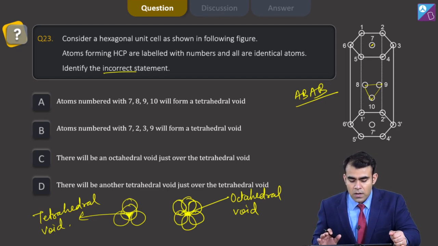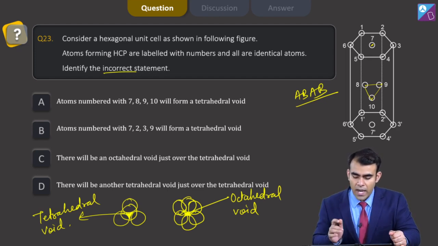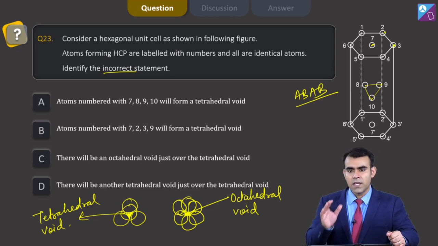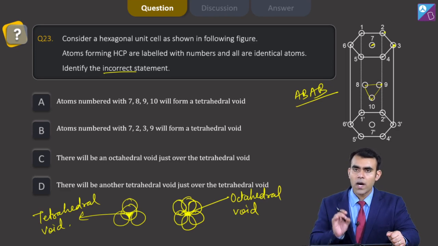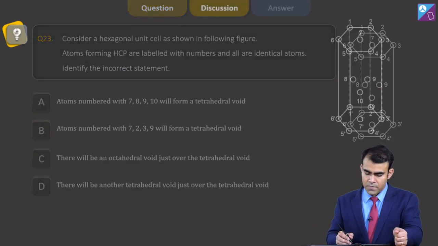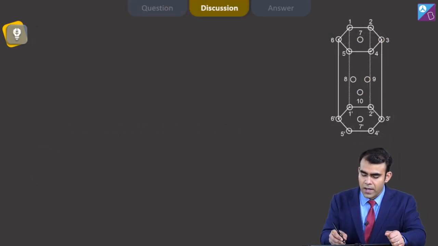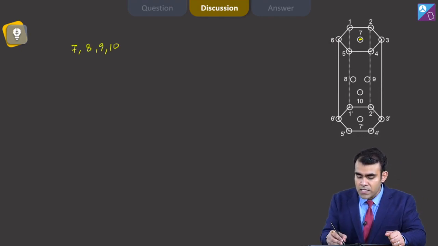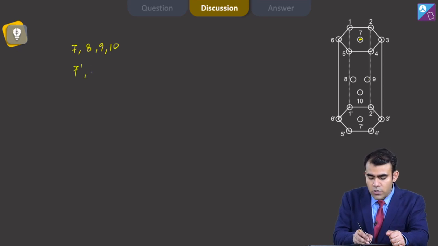Then atoms numbered 7, 2, 3 and 9. Yes, this is also a tetrahedral void. See, in HCP, this 7 is forming a tetrahedral void with 8, 9 and 10. Similarly, this 7 dash is also forming a tetrahedral void with 8, 9 and 10.